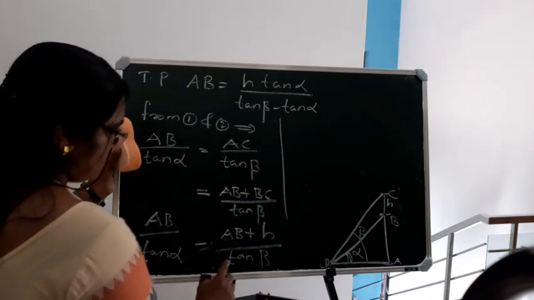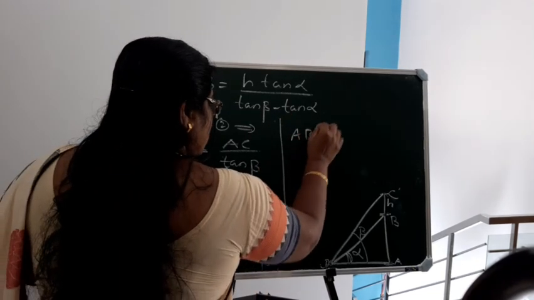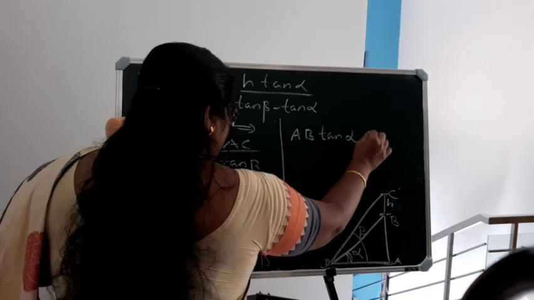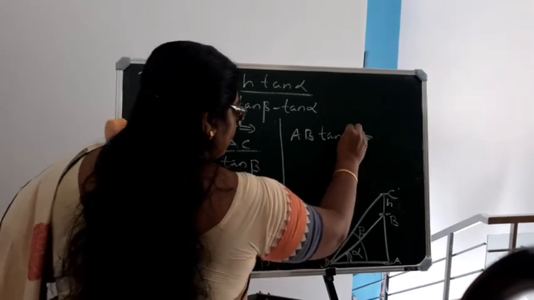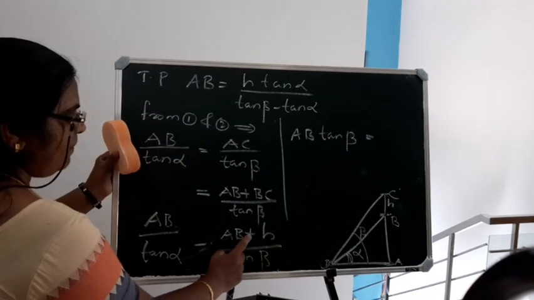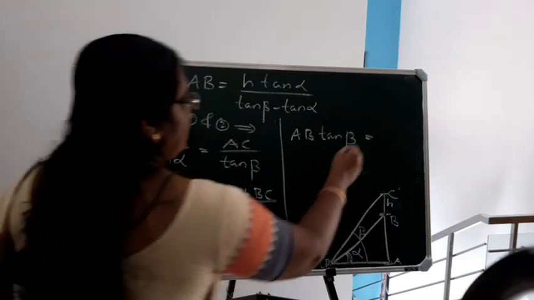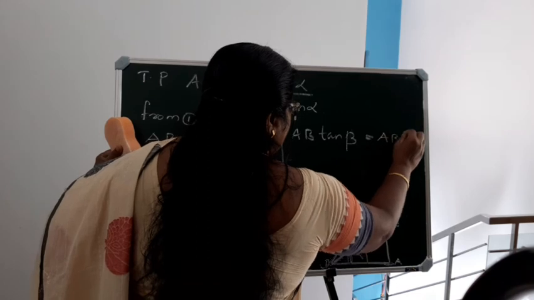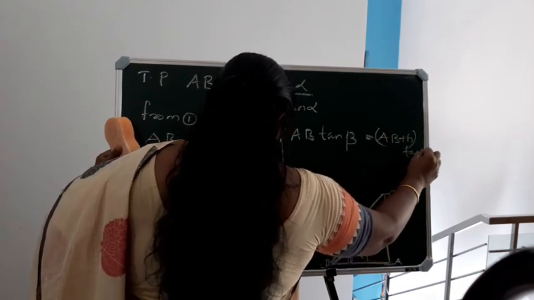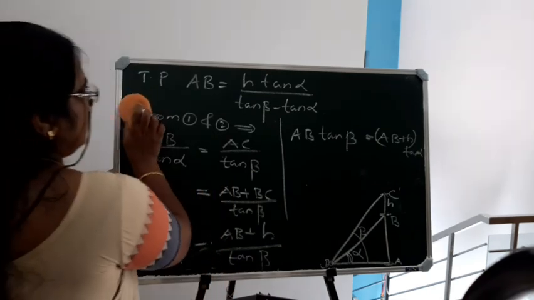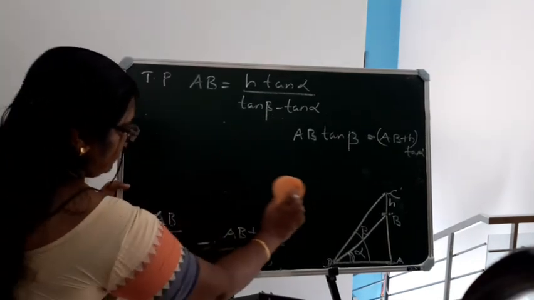Cross multiply: AB tan beta is equal to AB plus h into tan alpha.